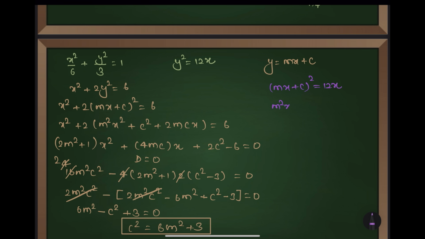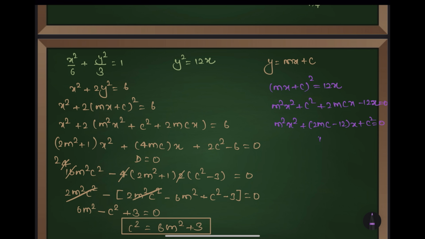So m square x square plus c square plus 2mcx minus 12x equals 0. Now I'll write the quadratic in x: m square x square plus (2mc minus 12) x plus c square equals 0.